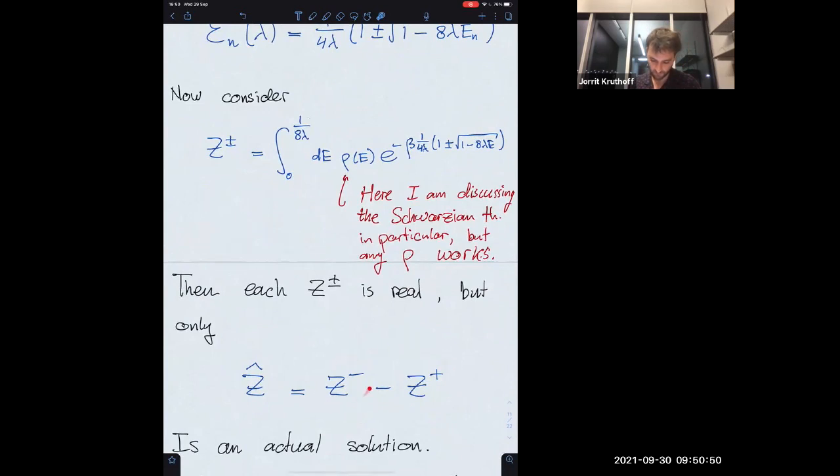So I just have the usual branch where it's 1 minus the square root, and then I'm subtracting the Z plus, with the 1 plus square root. And I need this minus sign precisely to cancel the two different boundary terms that I get for each of them. So Z minus gives me a boundary term here, and I subtract Z plus to get rid of that boundary term.